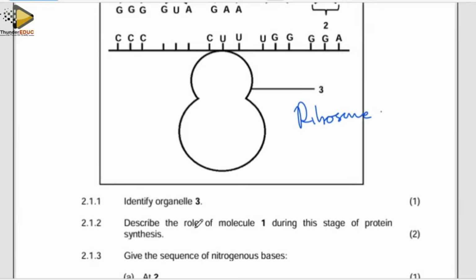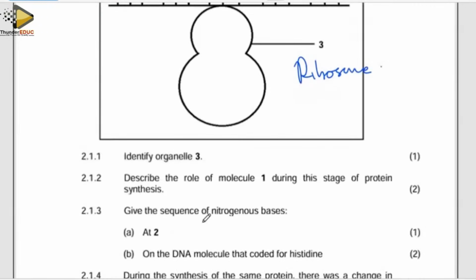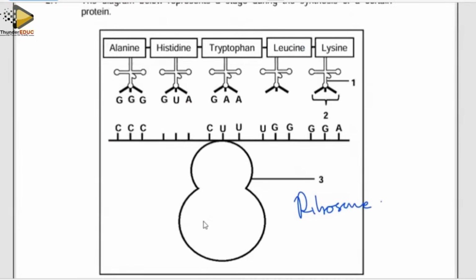Then describe the role of molecule 1 during the stage of protein synthesis. So basically, molecule 1 brings the required amino acid to the ribosome, or brings a specific amino acid to the ribosome when its anticodon matches the codon of the messenger.